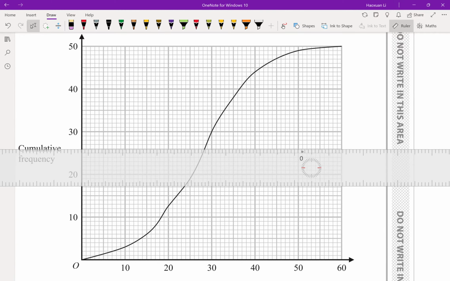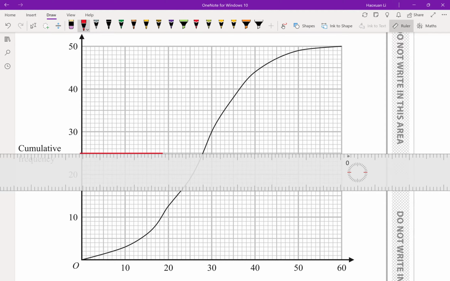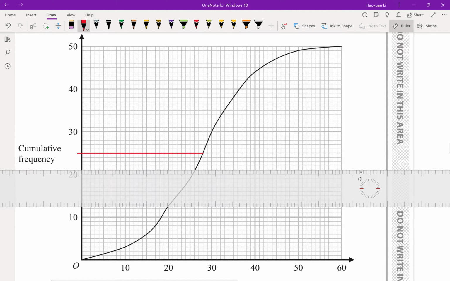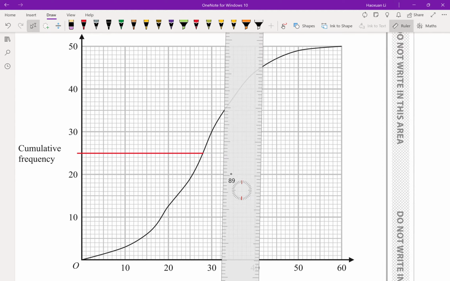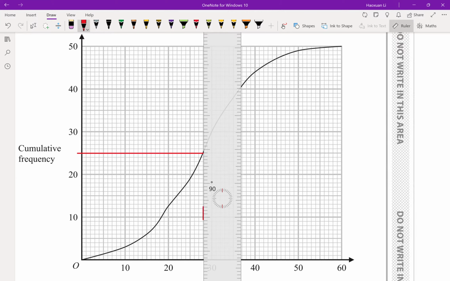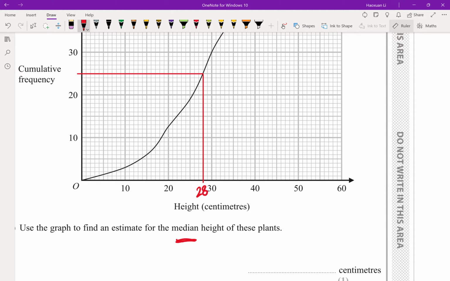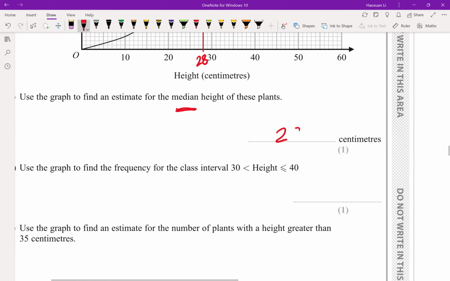So half of 50 will be 25. So if I just draw a line here, and on the attached bit, you should be able to get 28. So 28 centimeters.